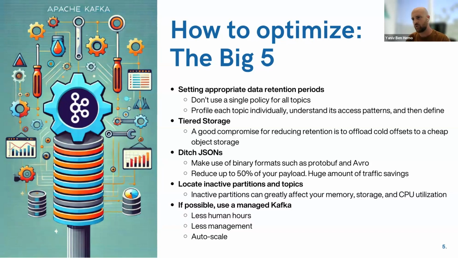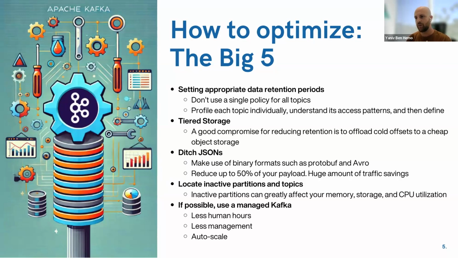Second one, introduced quite recently. It was not delivered in the Apache flavor of Kafka up until recently, and Victor will discuss that as well in his session. But tiered storage is a great compromise for reducing retention, to offload cold offsets to a cheap object storage.